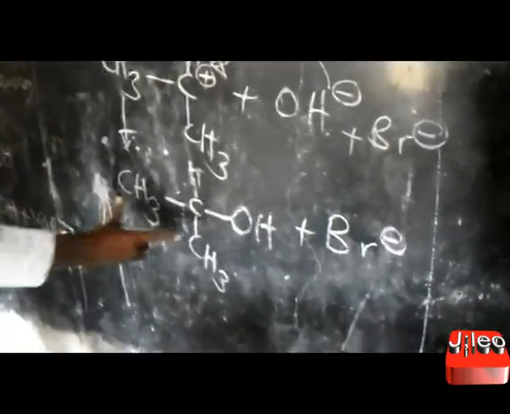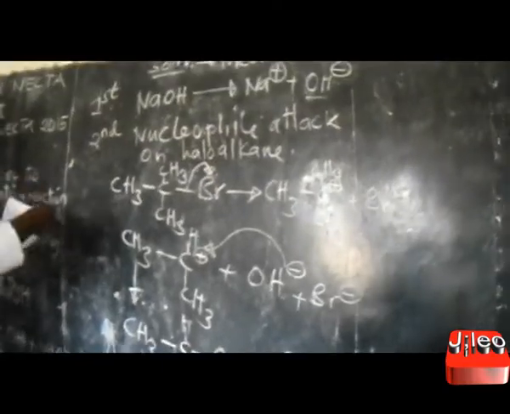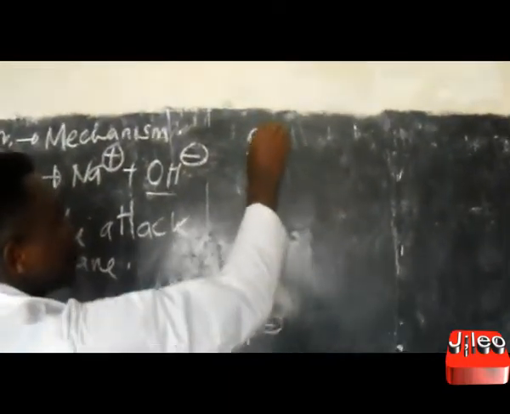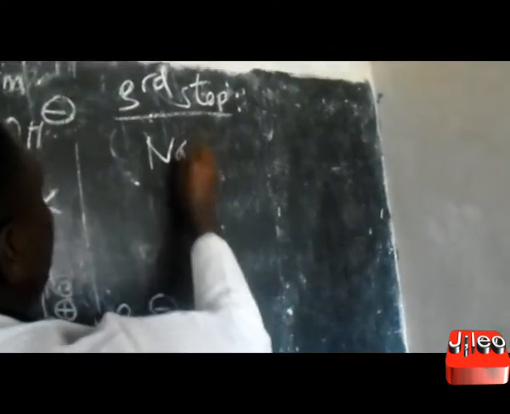Okay. So now we have already formed an alcohol. This is an alcohol plus this one. So coming to the third step, which is the last step, we shall take the electrophile produced in the first step, which is sodium ions.